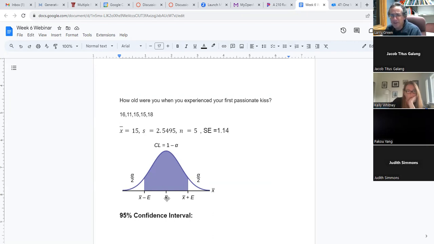And what we want to do is we want to say, well, how far out from X bar do I have to go so that I'm 95% confident that the population mean is in between those numbers?